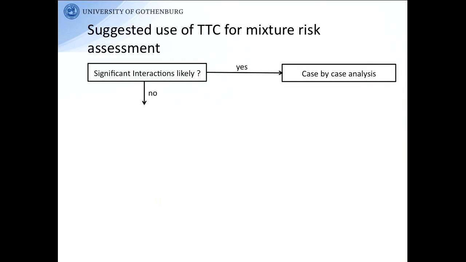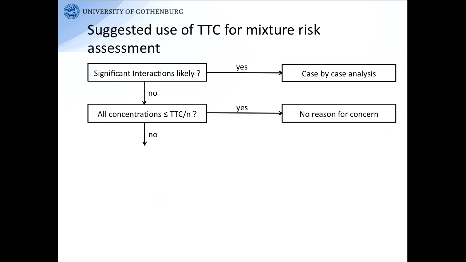You can't put that in a general scheme. If you don't expect that, or if there are no indications for that, you continue. The first check is: are all the concentrations in your mixture at or below their individual TTC divided by the number of compounds? If that is the case, no worries, the mixture definitely won't be more hazardous or risky than the TTC.